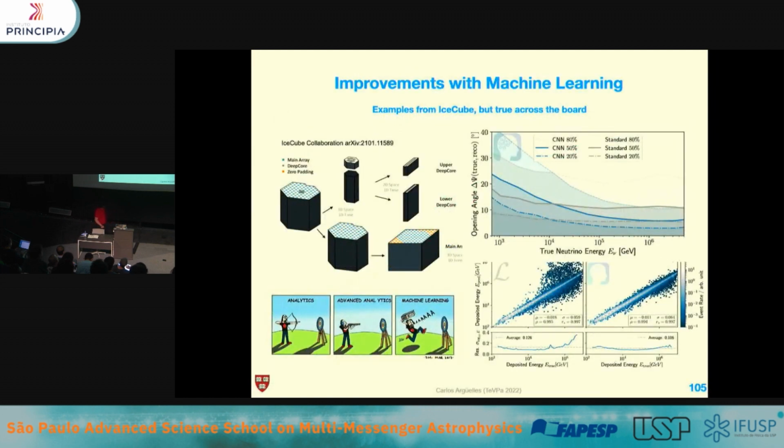Now, the other thing that has come into our field, and this is from an old conference, is the issue of machine learning. Machine learning has become important because it's expensive to simulate all of these photons. How machine learning has been used in IceCube: the problem is that IceCube has a non-regular geometry.